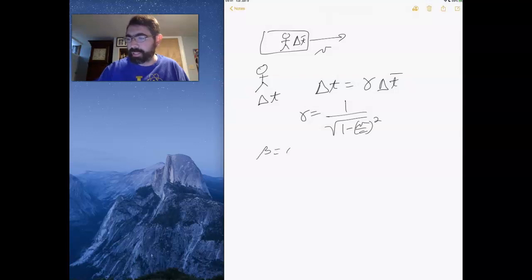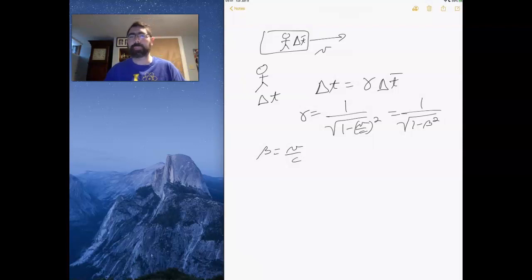Or we like to use beta as v over c, so gamma is 1 over the square root of 1 minus beta squared. All right.